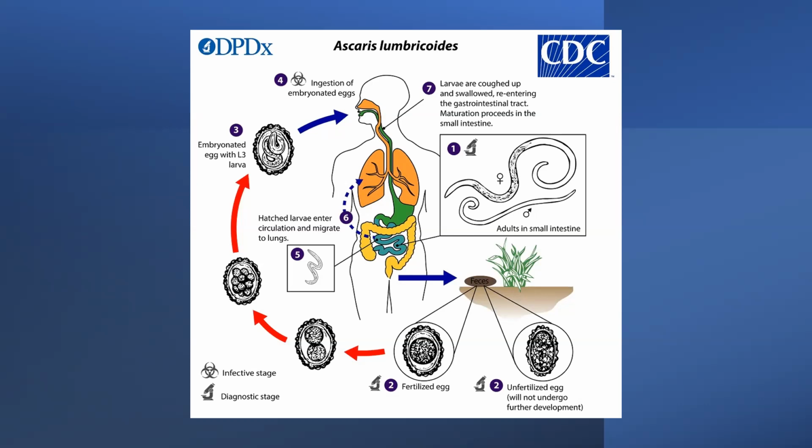So these are eggs that have larvae inside of them. And those larvae hatch inside of your intestines, and they will pass in your feces. Oftentimes Ascaris can be asymptomatic as well, but it can sometimes migrate into the lungs and cause coughing. And then those larvae are actually coughed up and then re-swallowed back into the intestines, where they can continue to mature.